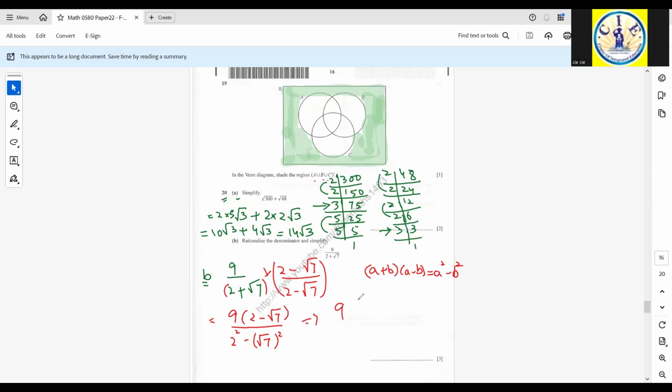So this is 9 times 2 minus radical 7 divided by 4 minus 7. 2 minus radical 7 divided by negative 3. So this is it. Now when I multiply this with the negative sign, the signs of the terms are going to change. Negative 6, and then this is going to be positive 3 times radical 7.